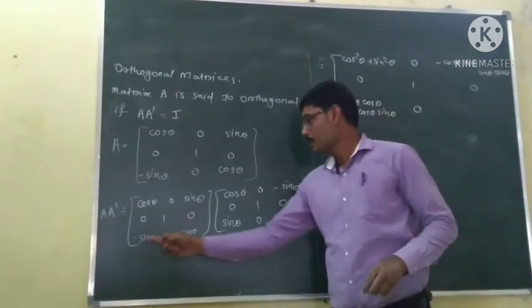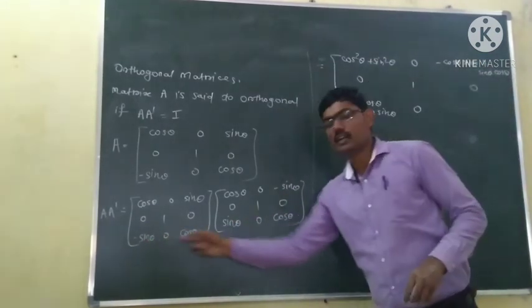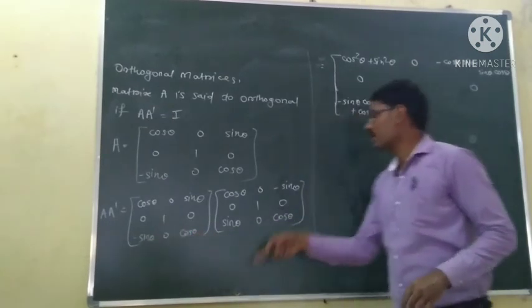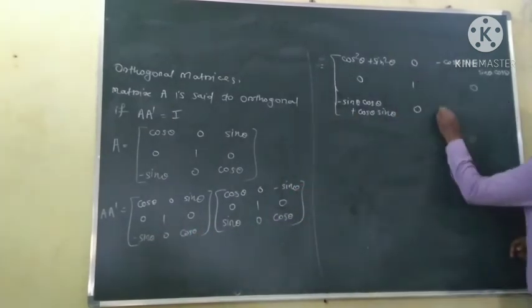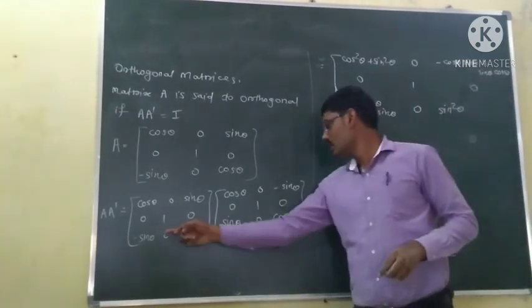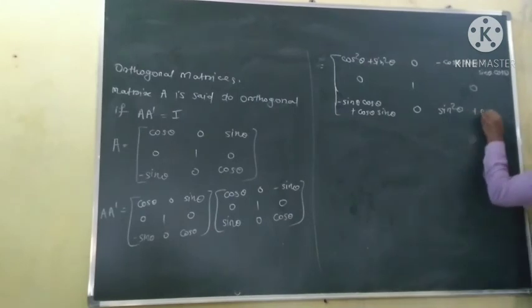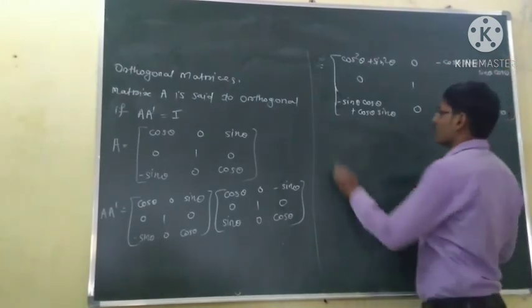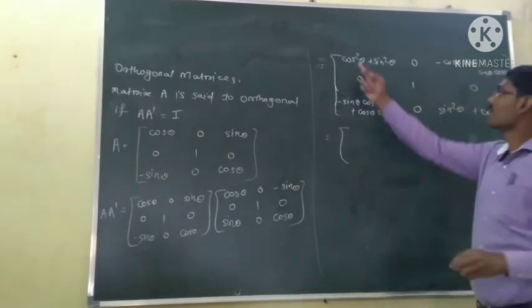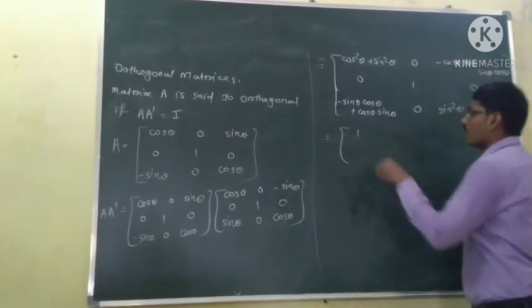And then third row, third column: minus sin theta into minus sin theta, so plus sin square theta, 0 into 0, cos theta into cos theta, plus cos square theta. Now cos square theta plus sin square theta is always equal to 1.